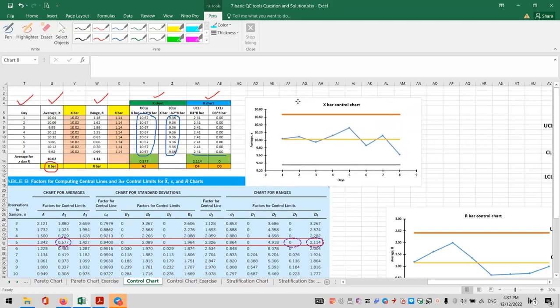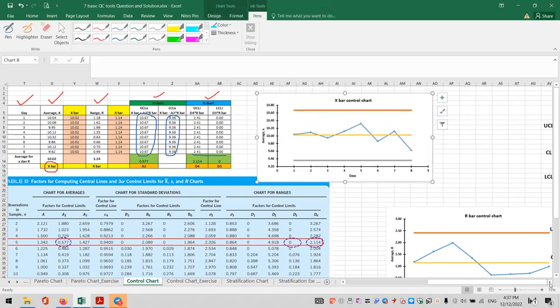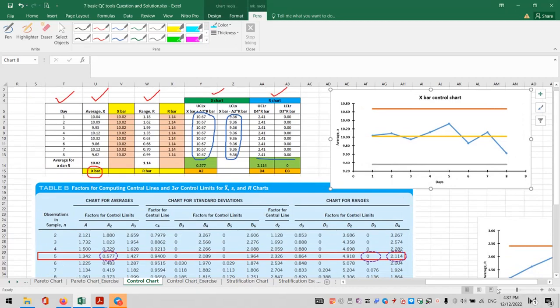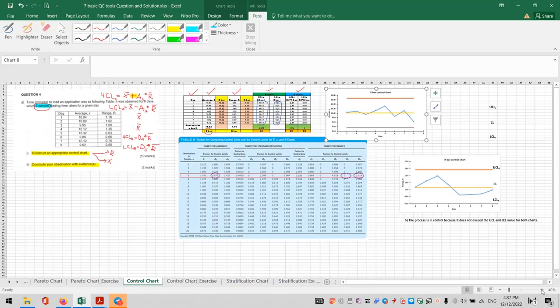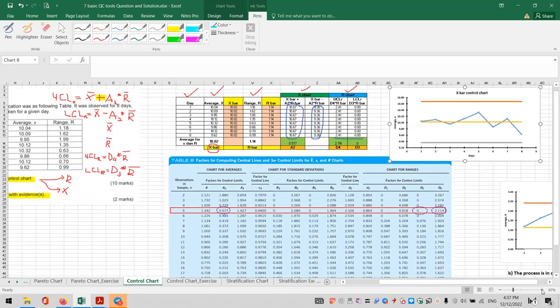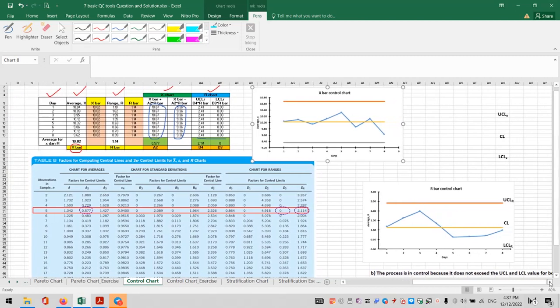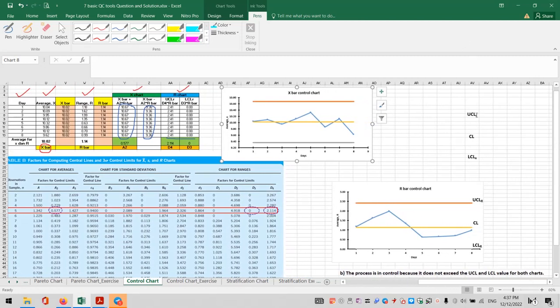Here is for the X bar. So you see the central line, lower control limit.